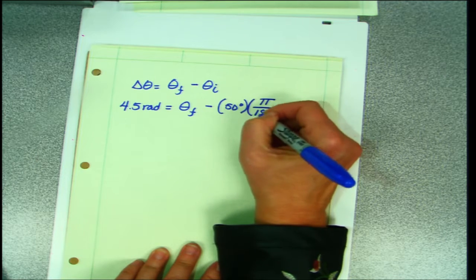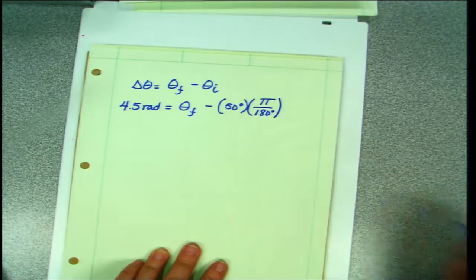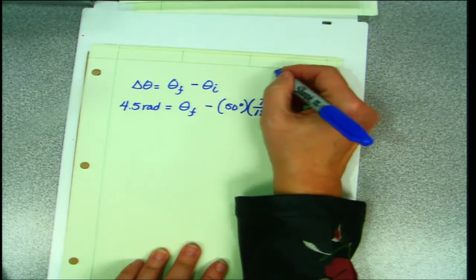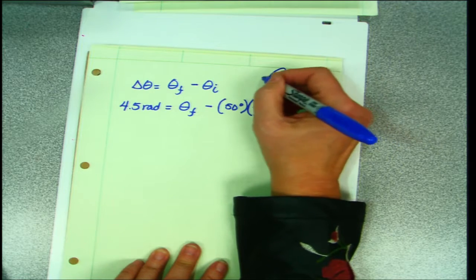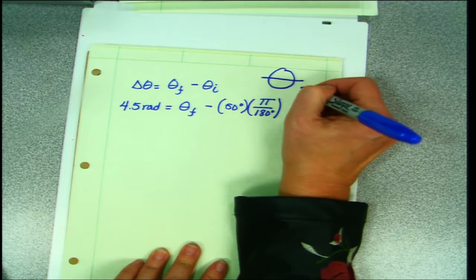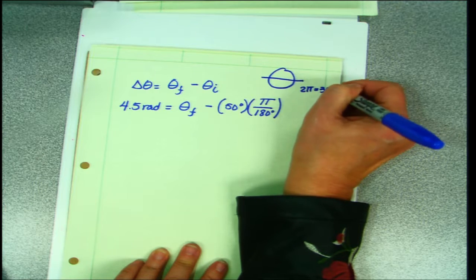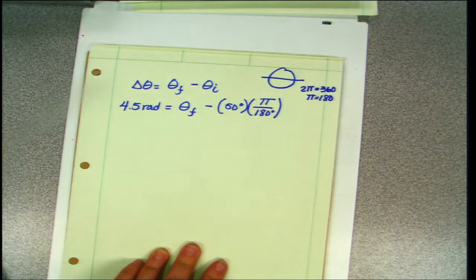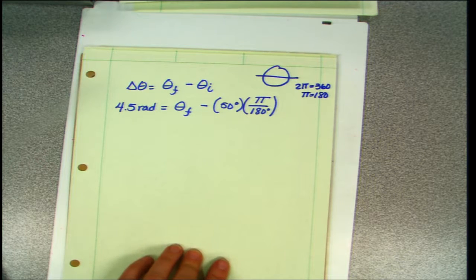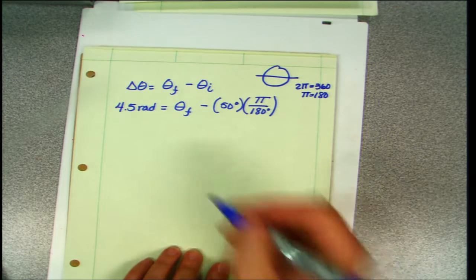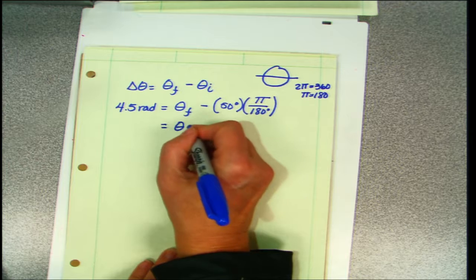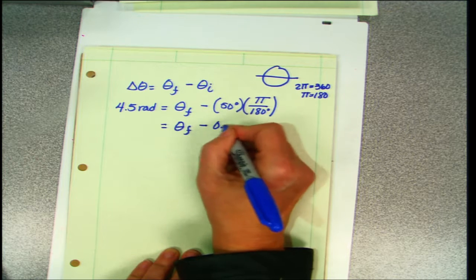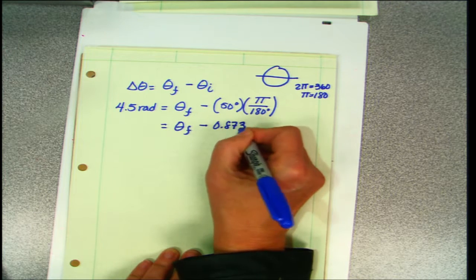If I do that, this becomes 0.873 radians. So my angle final is going to be my 4.5 plus 0.873, all in radians. And that gives me 5.4 radians.